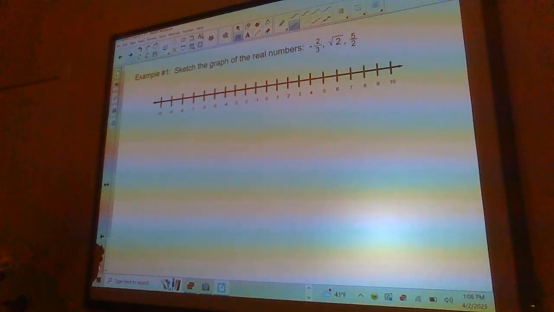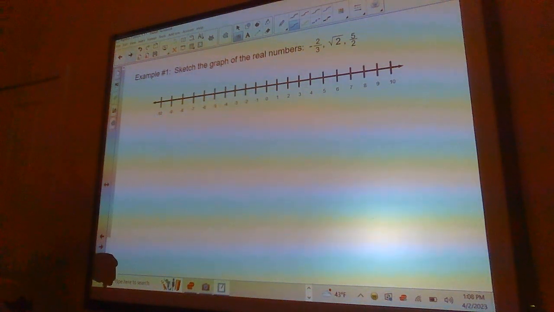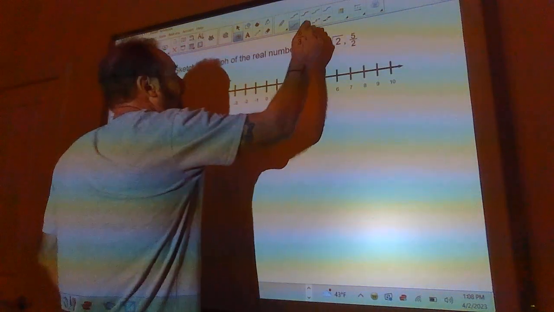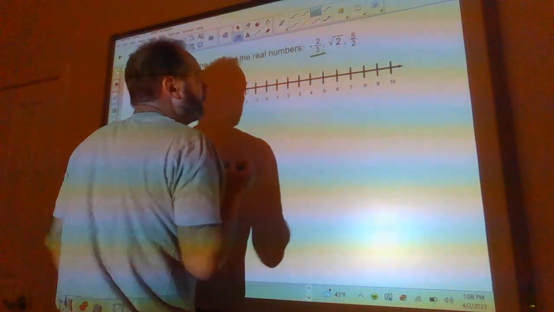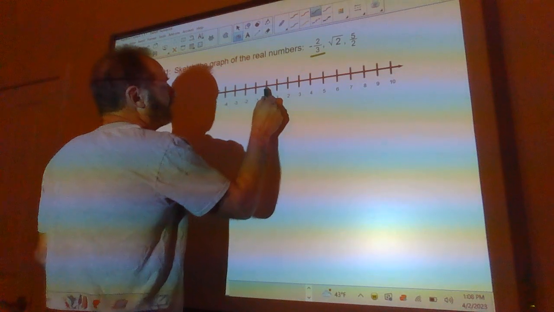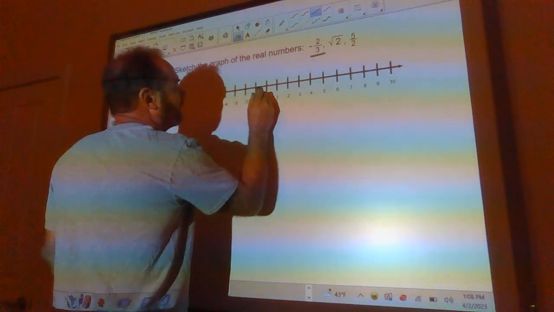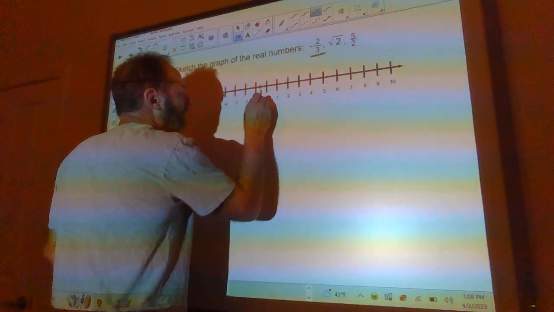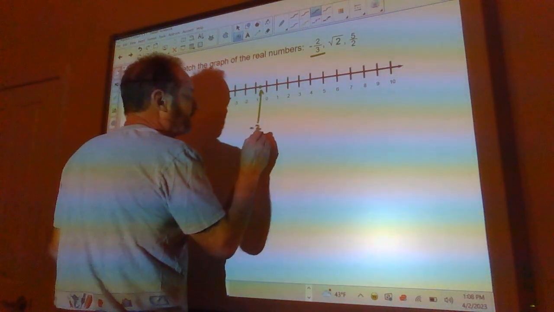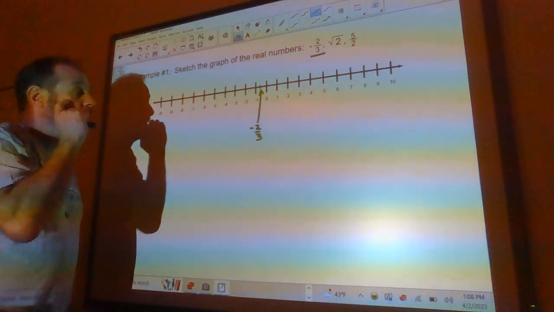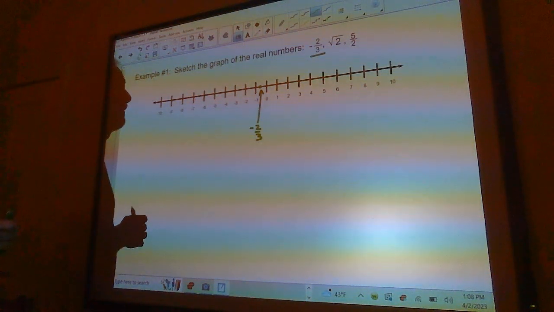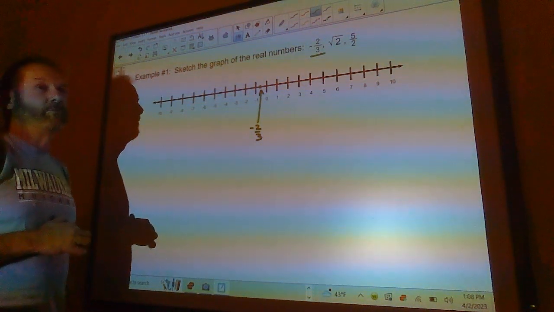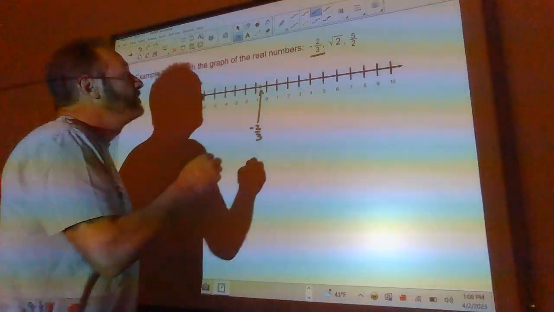We're going to sketch the graph of the real numbers negative 2/3, square root of 2, and 5/2. So negative 2/3, we'll do that in green. Negative 2/3 would be not quite negative 1, so it's going to be right about here. We're going to estimate, and we're going to label it negative 2/3. Square root of 2. Now, if I take the square root of 2 with my calculator, I'm going to get about 1.41.